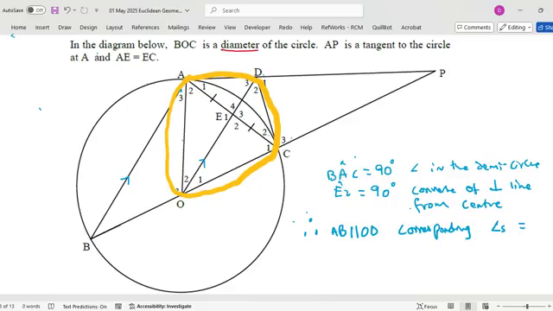Can't we equate A2 with D2, as the angles in the same segment are equal? A2 with D2. What is the size of angle A2? What is the size of angle D2?